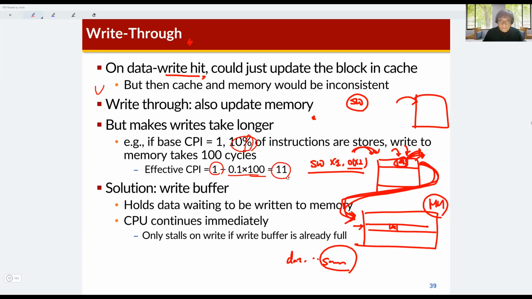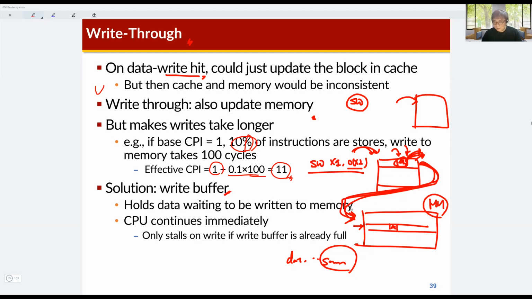So with this write-through method, the performance of the CPU is degraded by 11 times. It's very huge. So how can you solve this performance degradation of the write-through method? We can use the write buffer.